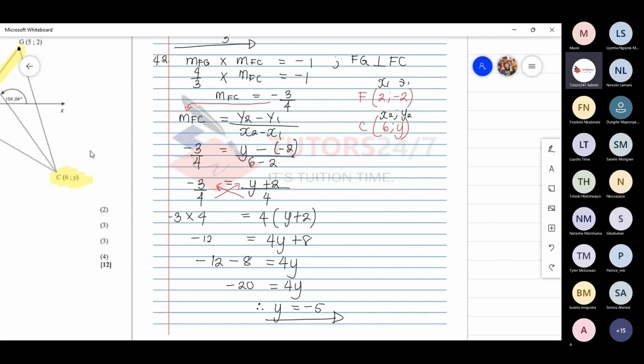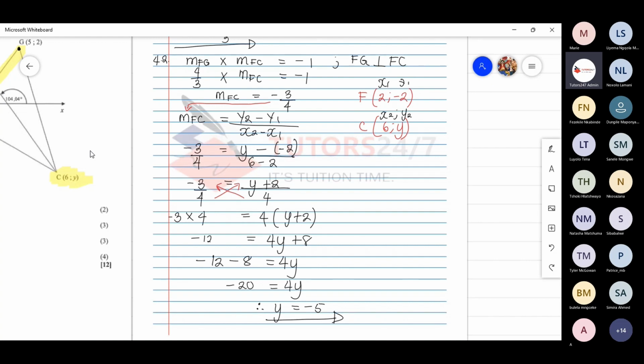As you can see from line 1, I multiplied the two gradients, made it equal to -1. From that point, I already knew the gradient of FG because we calculated it in the previous question. And that allowed me to find the gradient of FC based on the fact that those two lines are perpendicular to one another.